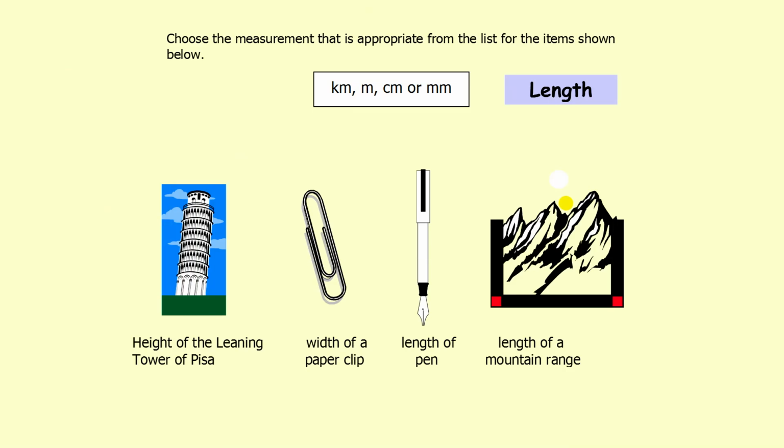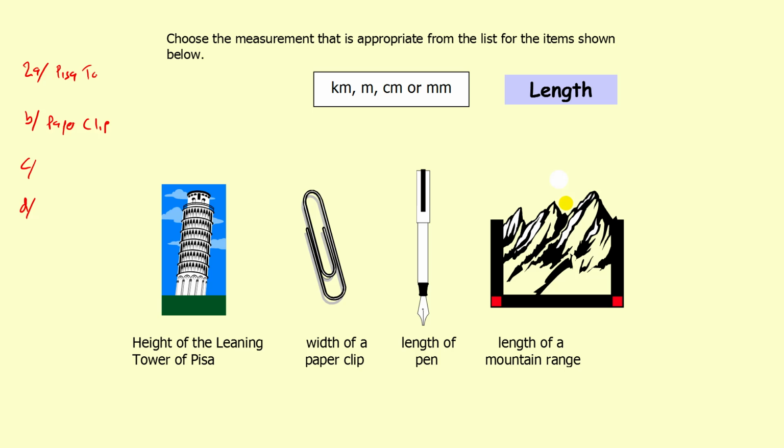Okay. Question number 2. We're still measuring length. And I want you to do the same thing. In your books, write that down. Pisa. Paperclip.